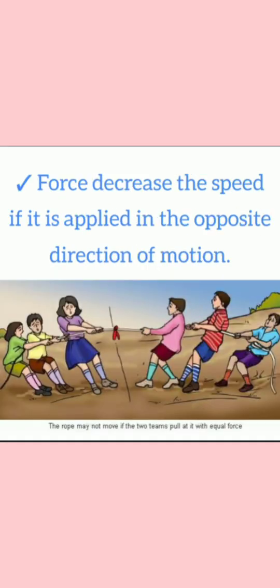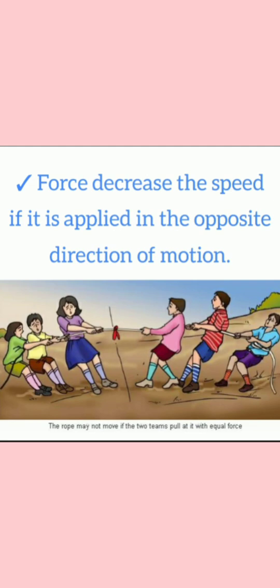The contrasting situation is that force can decrease the speed if it is applied in the opposite direction of motion. In this picture, the children are playing the game of tug of war.